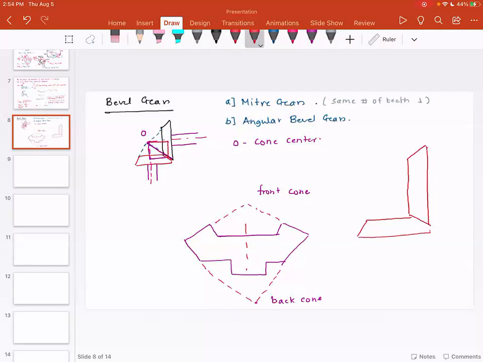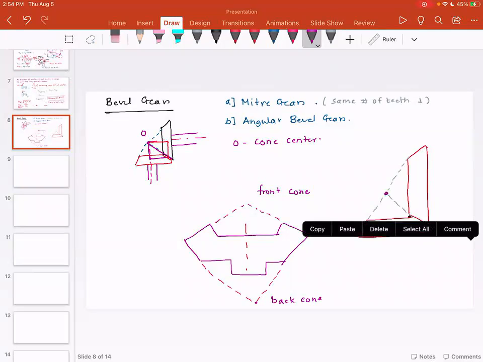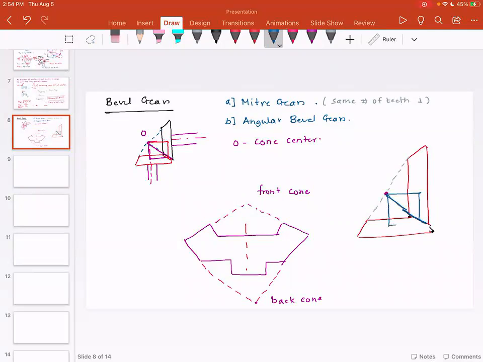So what we have is gears meshing over here, and then we have these gears intersecting at the cone center, and I want you to look at this distance. So this is called the semicone angle.